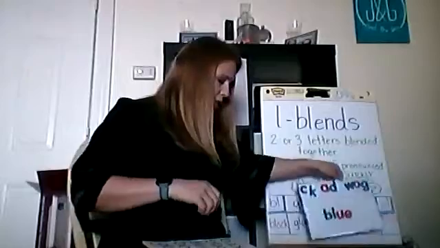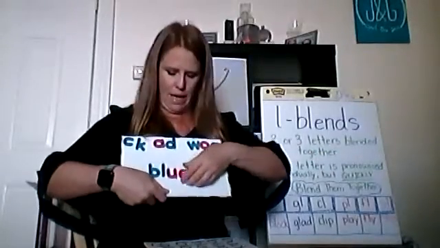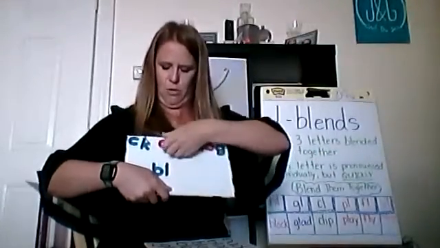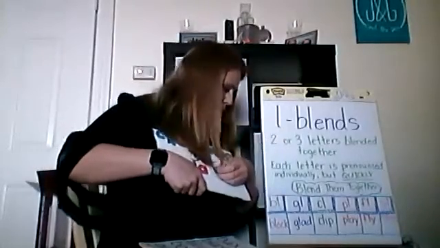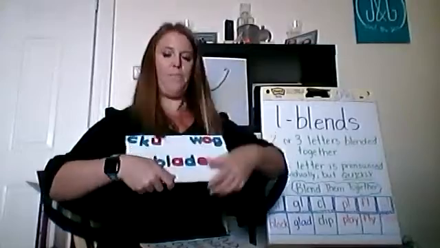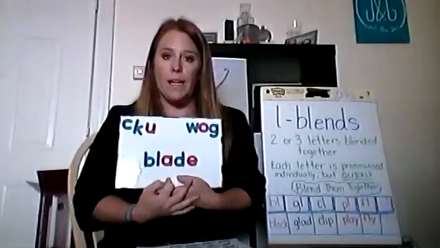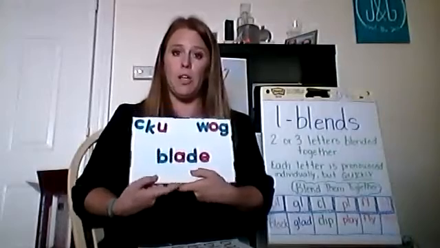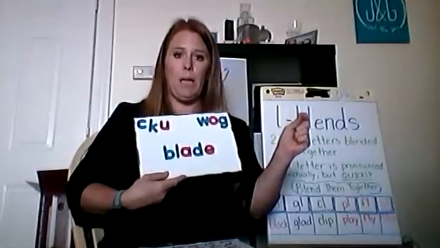I'm going to change things up a lot this time as well. So I'm going to keep my blend at the beginning, my BL. Then I'm going to bring up U and E. I'm actually going to bring down a bunch of letters here. So I'm going to change up my word. I should have kept my E down there. Now, this word, I'm going to look at it very carefully. I see my blend at the beginning. So BL. So B-ul. Say it together quickly. Bull.